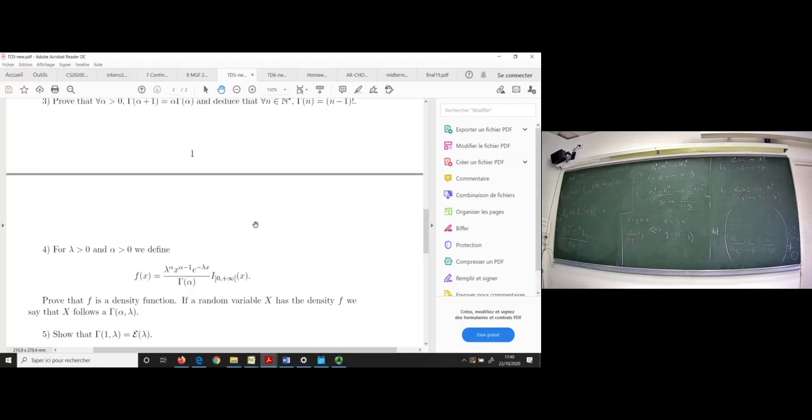Then I have what? For Fy, it's a gamma B1.